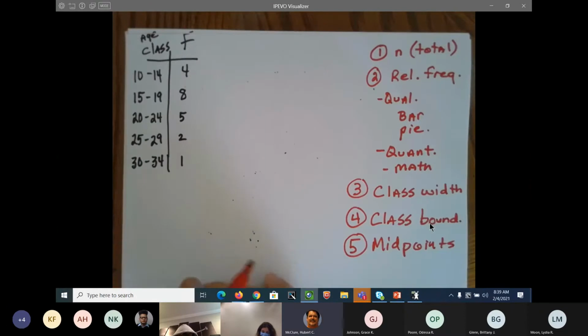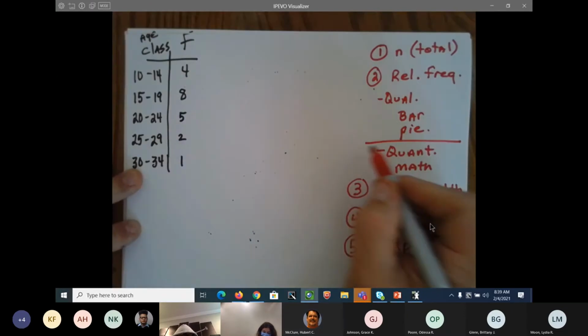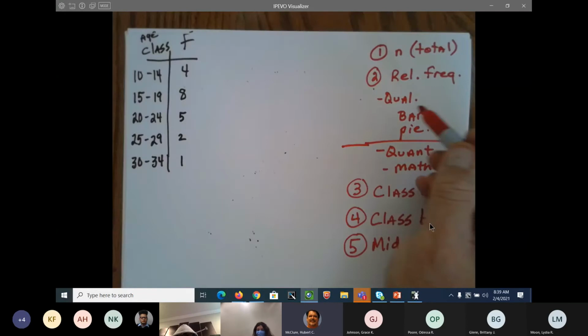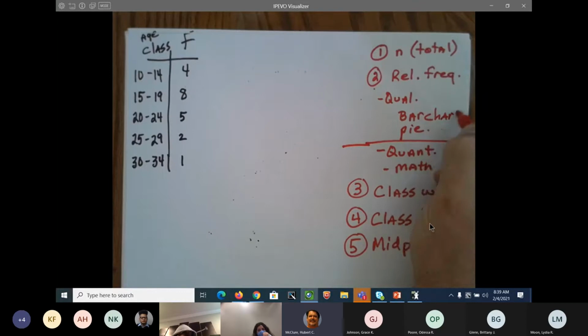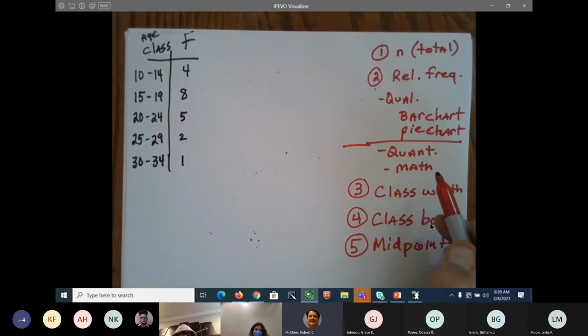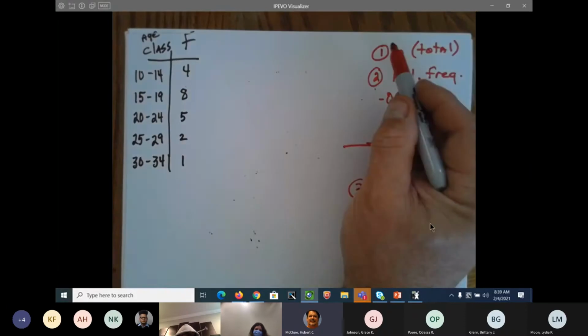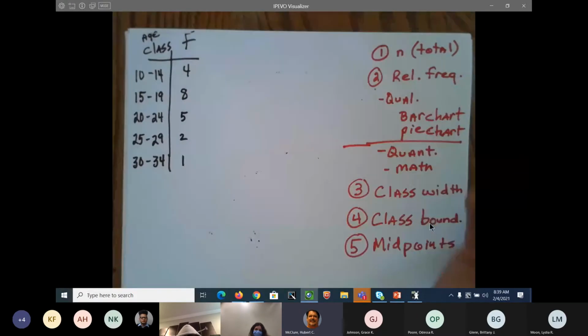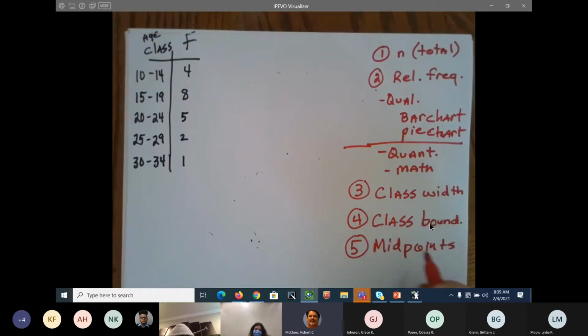So for qualitative, you basically do the N and relative frequency, and you might be asked on a test about the bar chart and the pie chart. With quantitative, you're going to do more math, including the N and the relative frequency, but you're also going to be asked to do the class width, class boundary, and the midpoints.